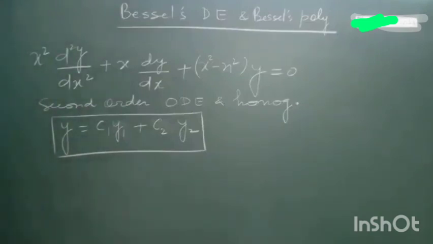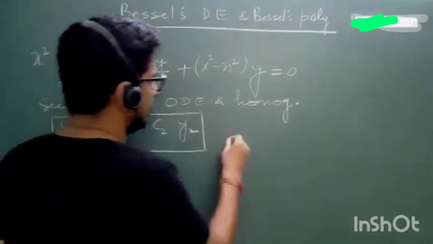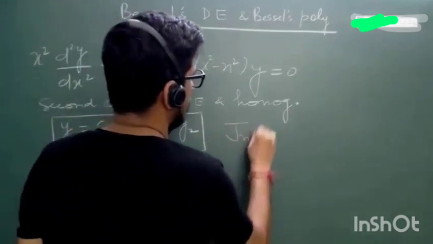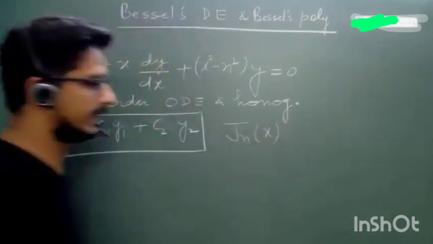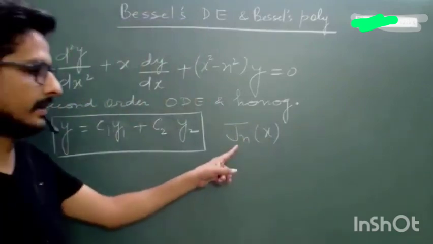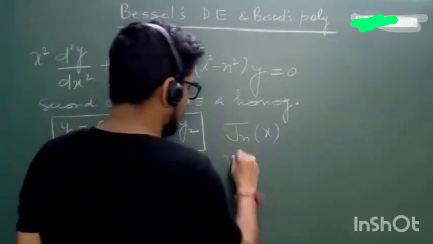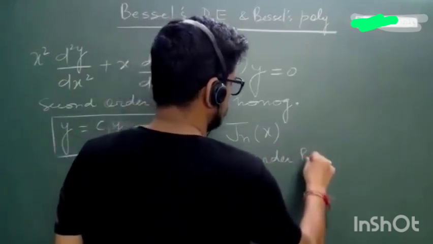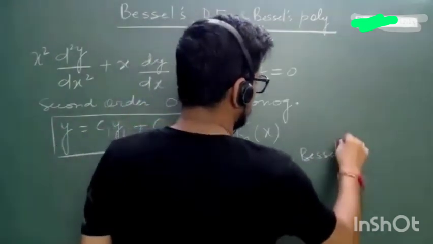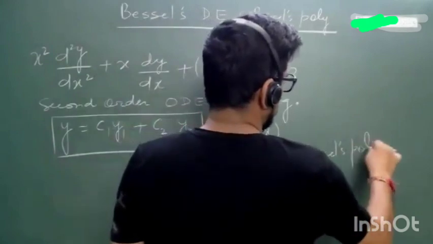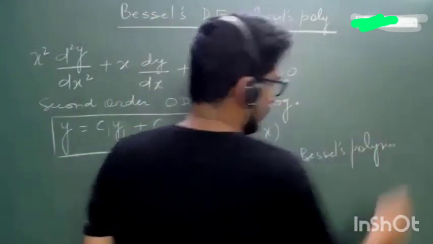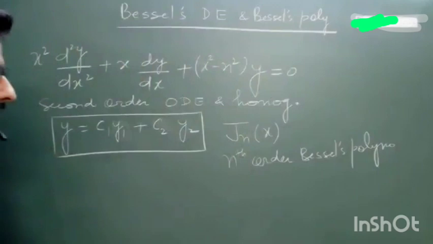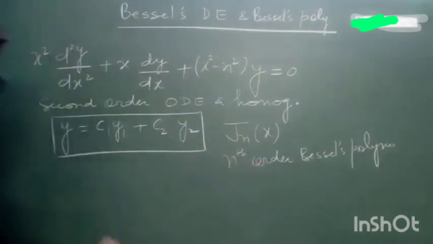Now when I write the solution, please understand the Bessel's polynomial is represented by this, the nth order Bessel's polynomial. Correct? So the nth order Bessel polynomial is given by this.